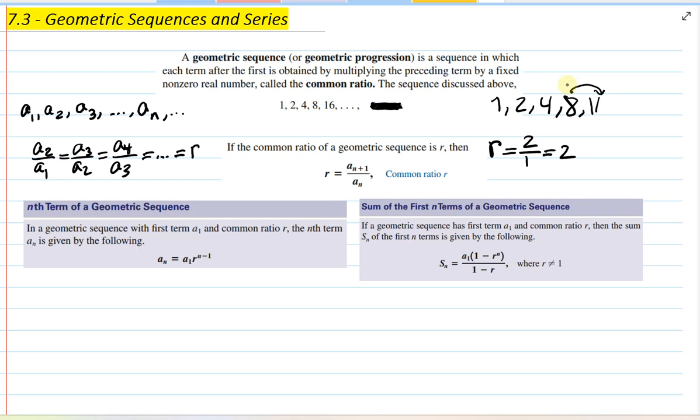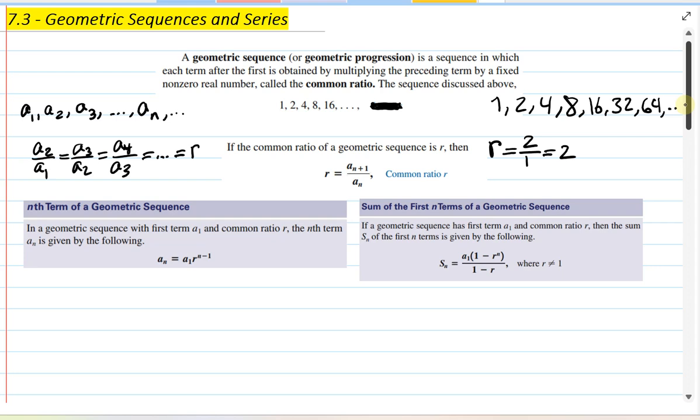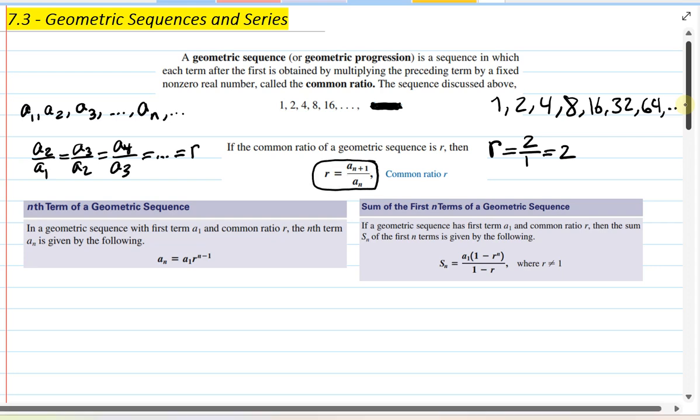So 8 times 2 is 16. Multiply it by 2, you get 32, then 64, and so on. See how that works? So we can use the common ratio to generate the sequence that way as well. But this formula for the common ratio is going to be important for us.